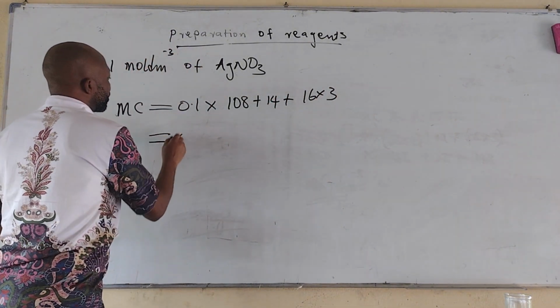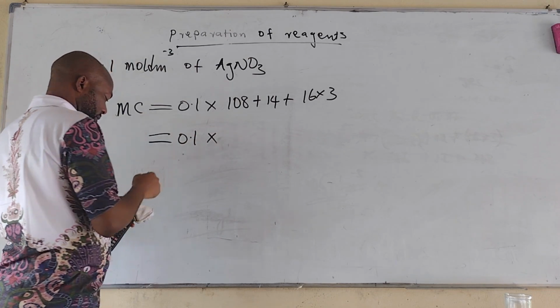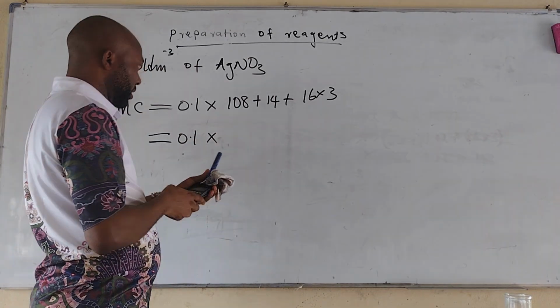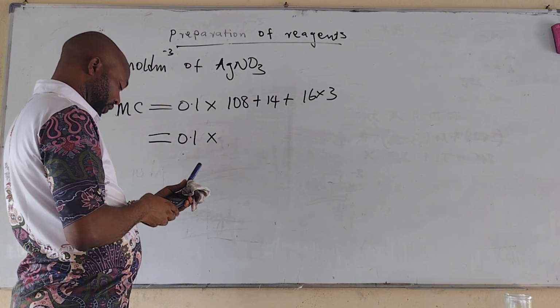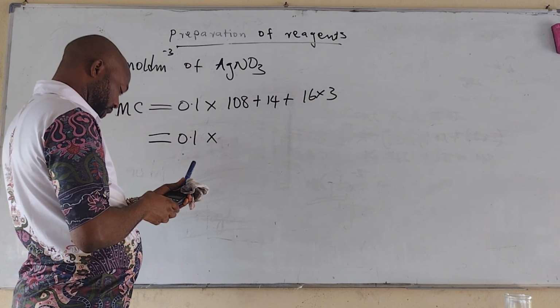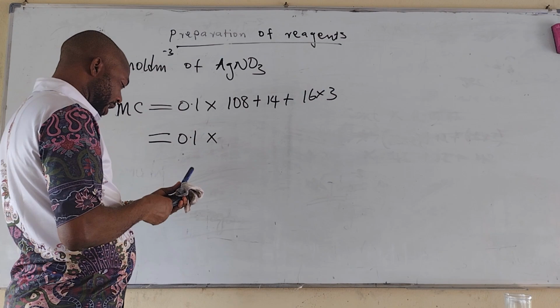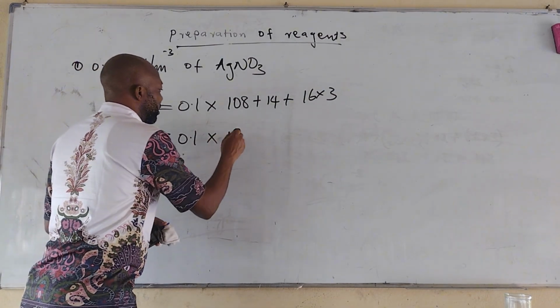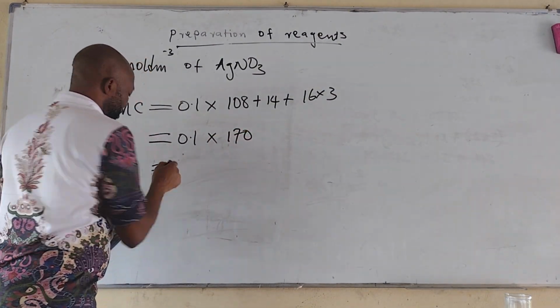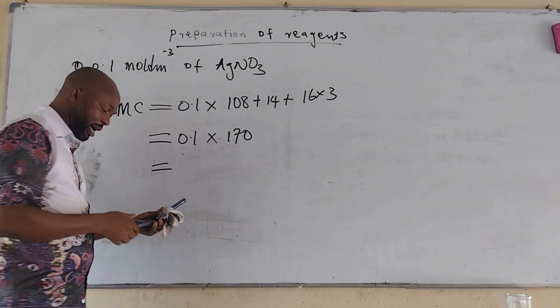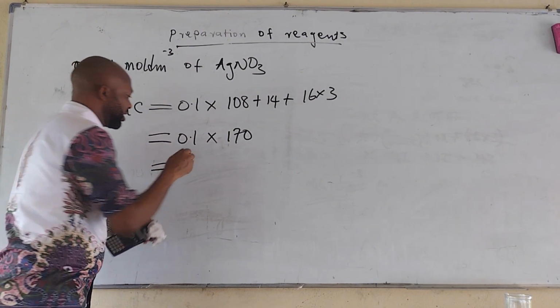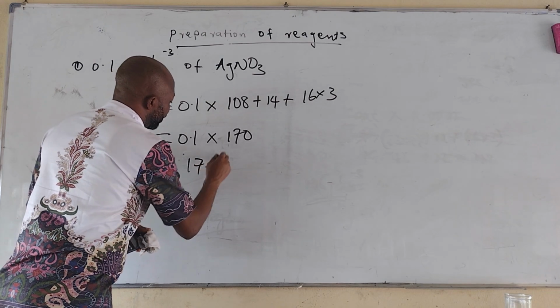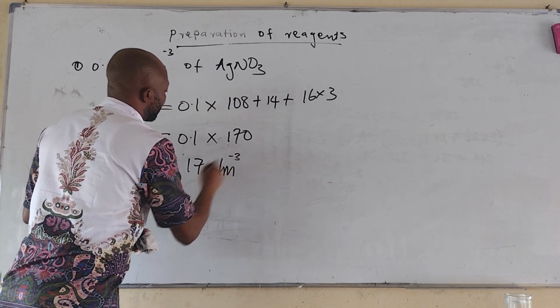So this is 0.1 times: 16 times 3 is 48, plus 14, plus 108, I have 170. Multiplied by 0.1, I have 17 g/dm³.